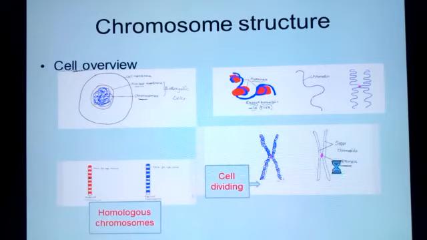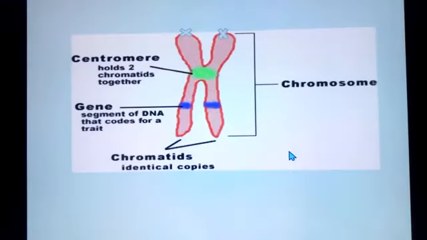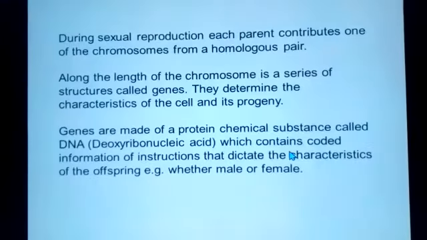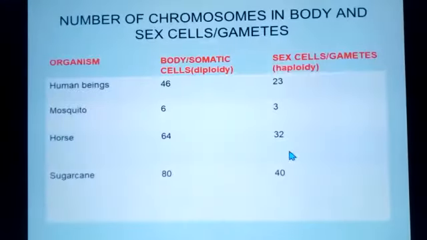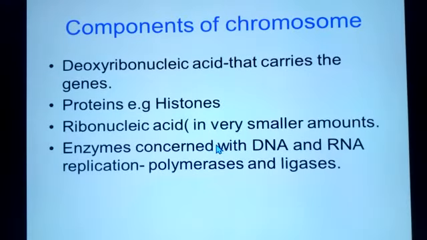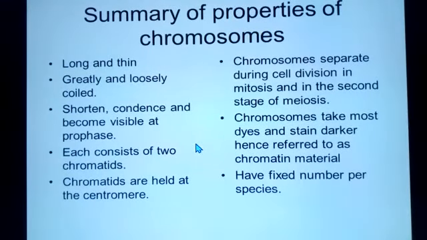Now, some of the other features about the chromosome, you shall get them in the notes that I shall accompany to the video. Therefore, very quickly, let's look at this table here that has the summary of all the properties of the chromosome.